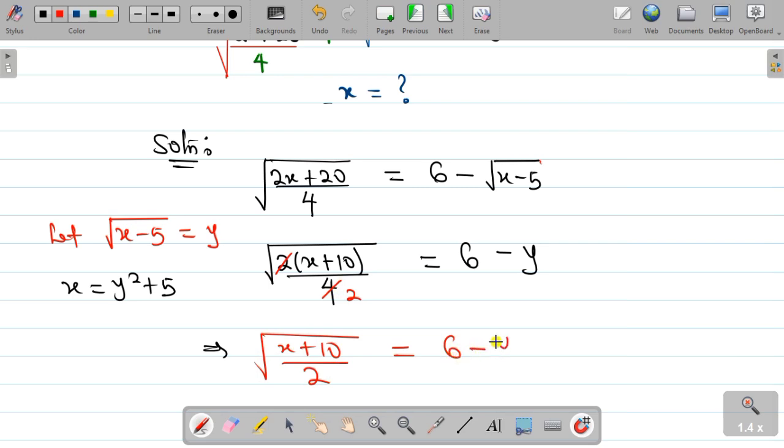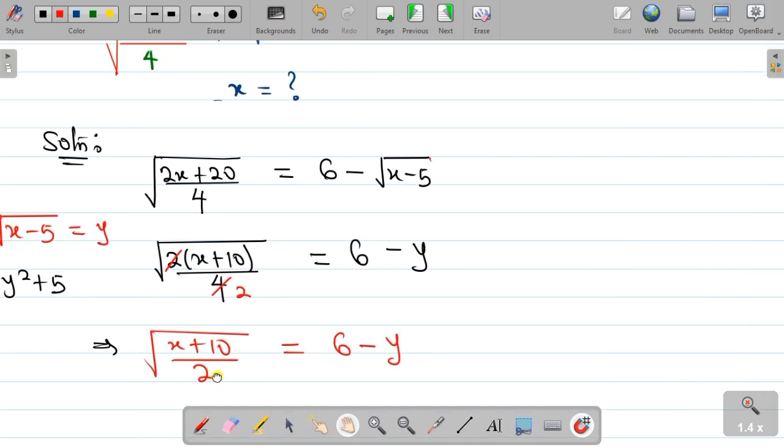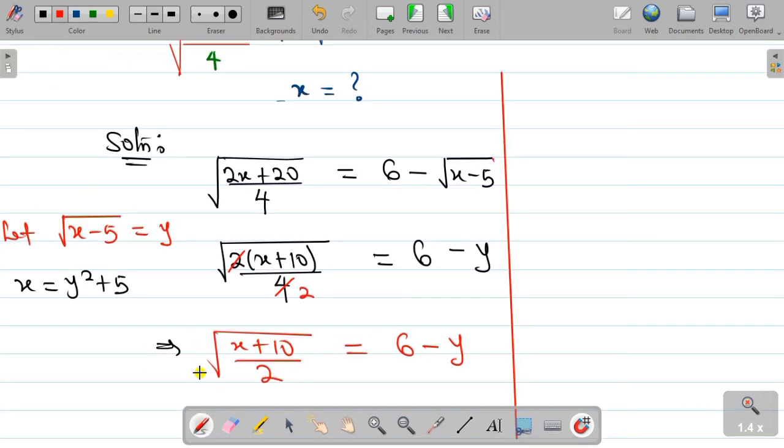Okay, and then at this point, if we square both sides, of course this will cancel this, so we just have x plus 10 over 2 is equal to 6 minus y, all squared.